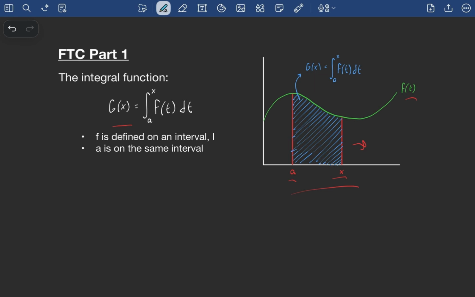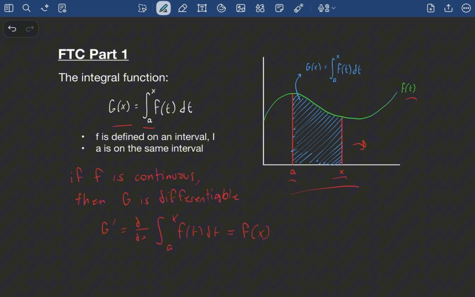It's pretty simple, but FTC just models what the derivative of this function looks like. Basically, if f is continuous, or if what you're taking the integral of is continuous, then we know that g is differentiable and g prime is equal to the derivative of the integral from a to x of f of t dt, which is just going to be equal to f of x.